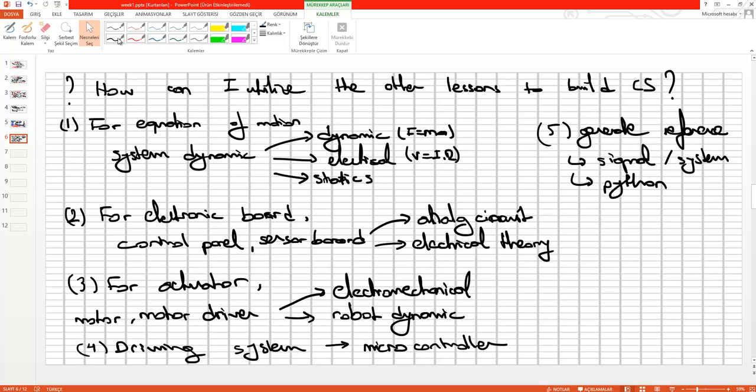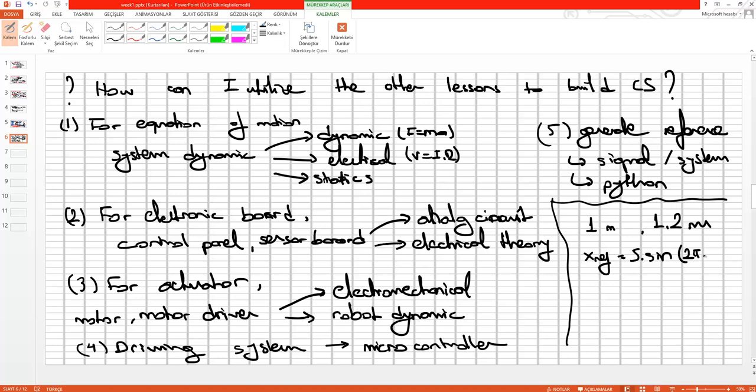Generating a reference is an important thing in a control system because, for example, we may have a position signal of 1 meter or 1.2 meters, or a reference signal like this one, x_ref equals 5 times sin(2 pi 1 t). Okay, if you want to condition this system with 5 sin, you must know the signals and systems course information, for example the frequency domain approach or Fourier transform.